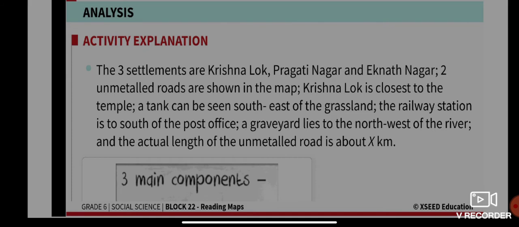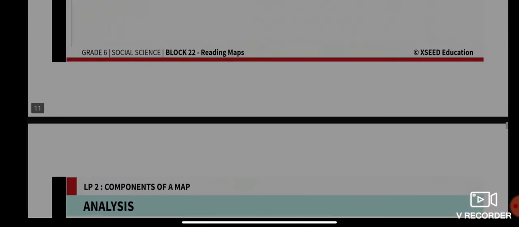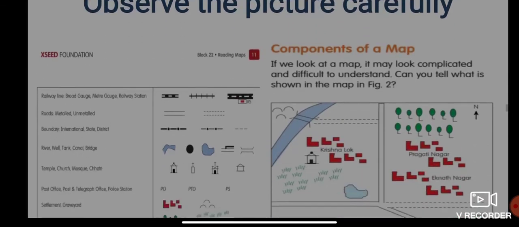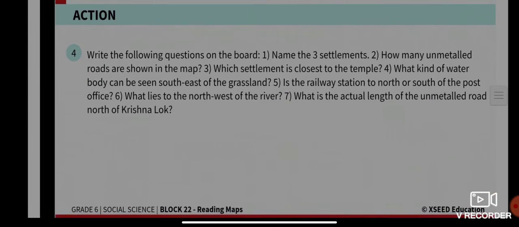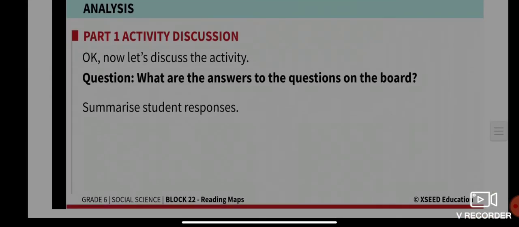The railway station is to the south of the post office. A graveyard lies to the northwest of the river, and the actual length of the unmetalled road is about X kilometers. So these are the answers to the given questions. Please compare your answers.